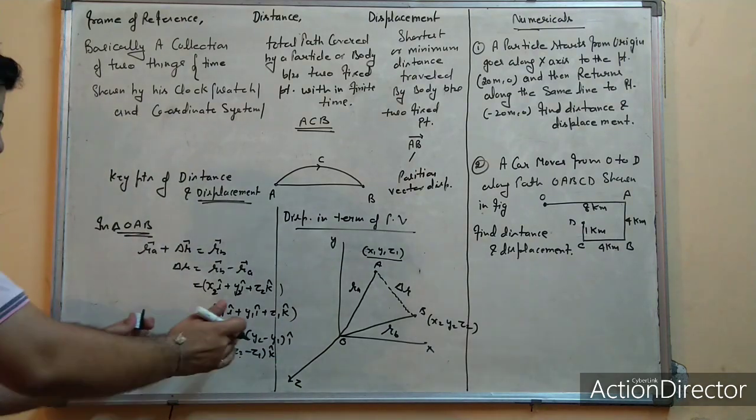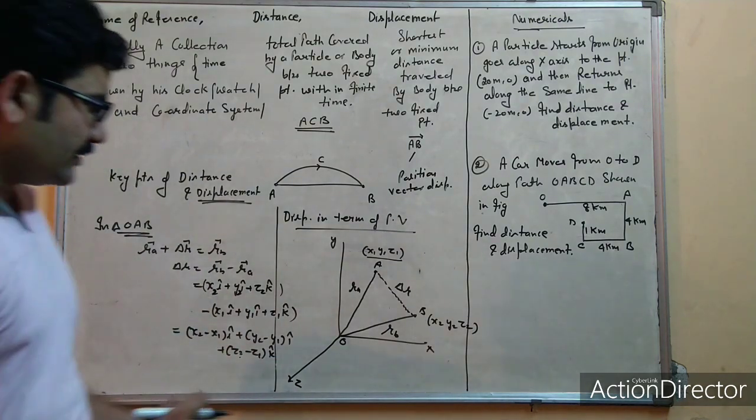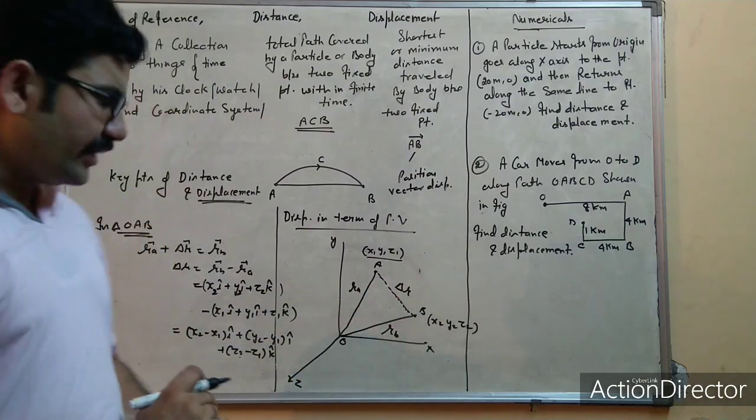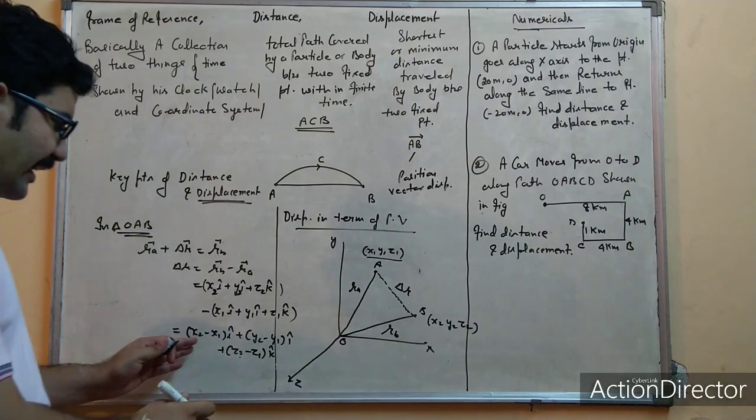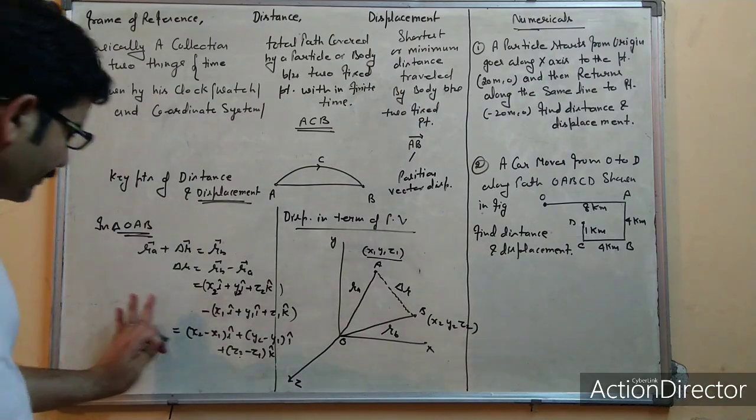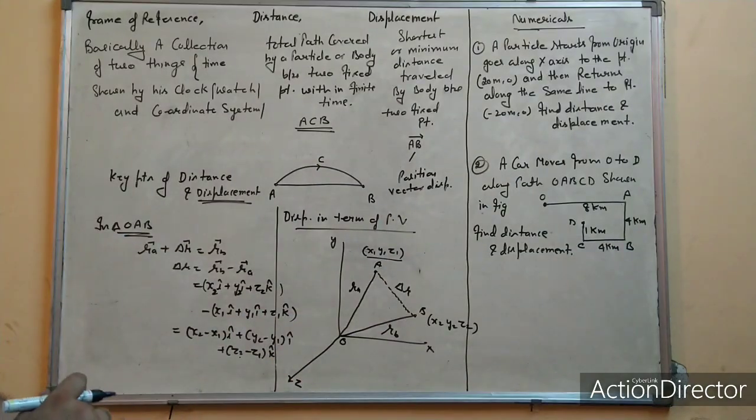This is the actual distance between the two fixed locations A and B with position vectors. So we can say that it is the displacement.